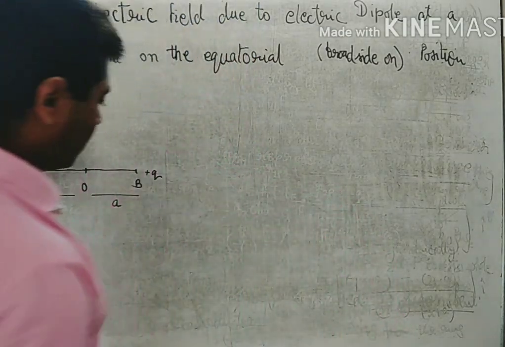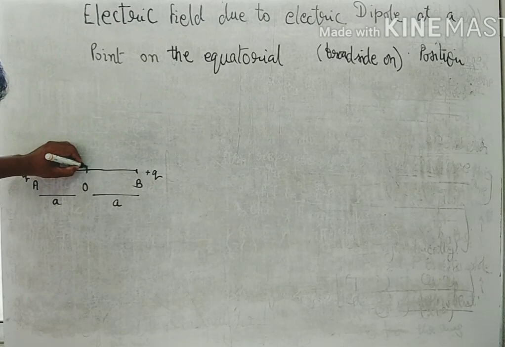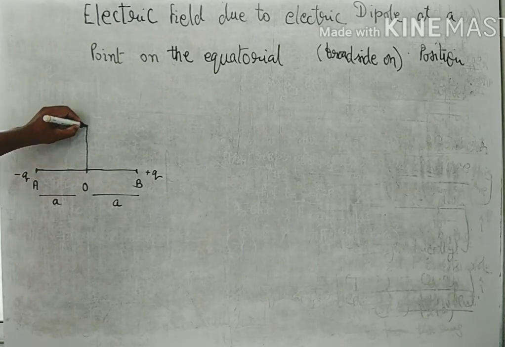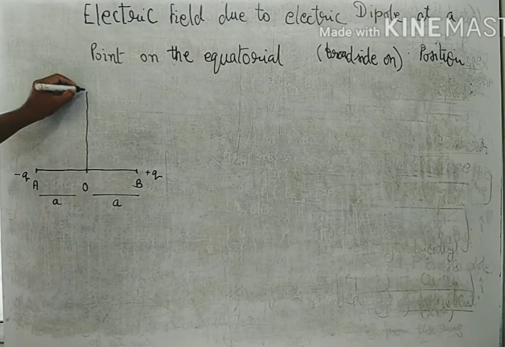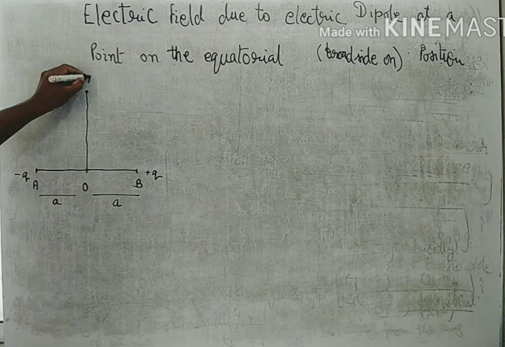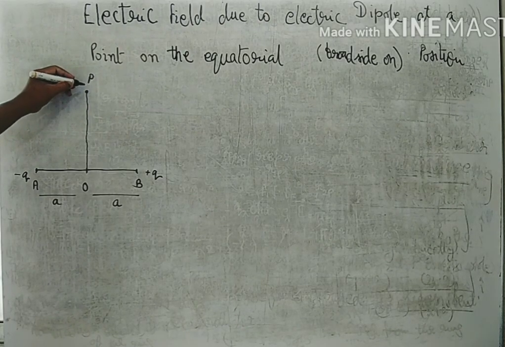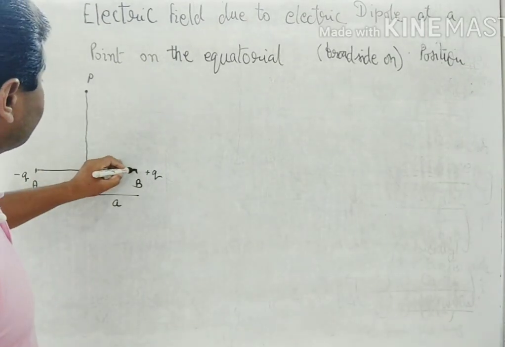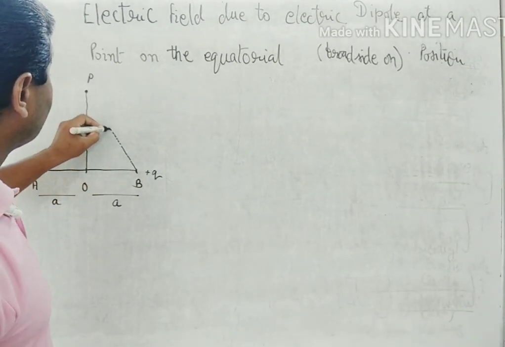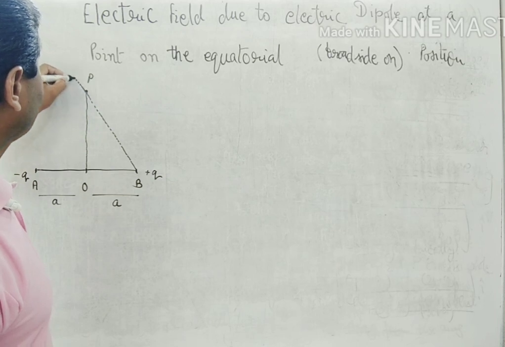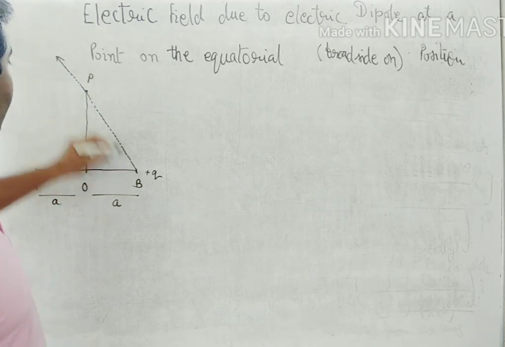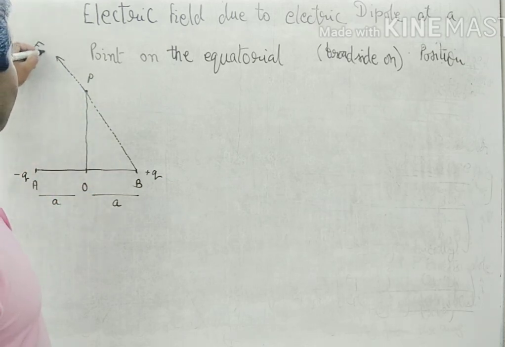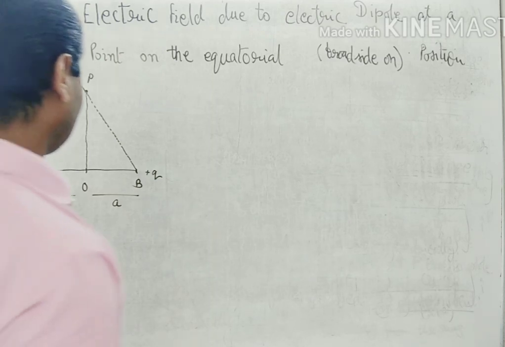Now from the perpendicular bisector position of this dipole, we are assuming the presence of a positive test charge P. The electric field produced by this positive charge at this point P will be directed away from it, and this we are representing as vector E2.